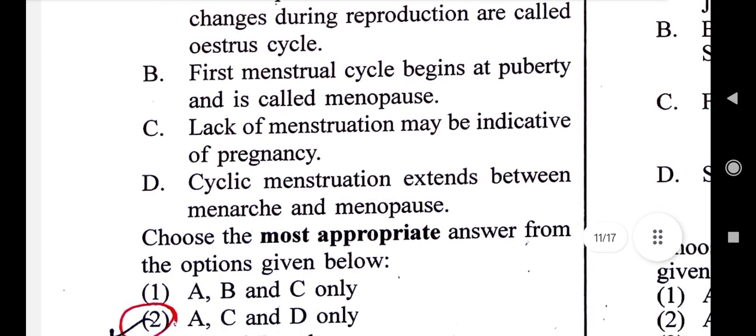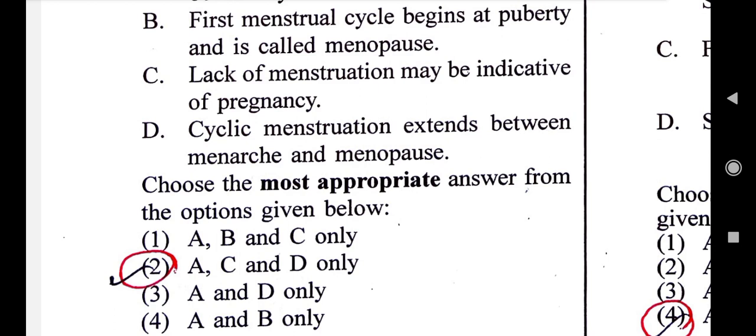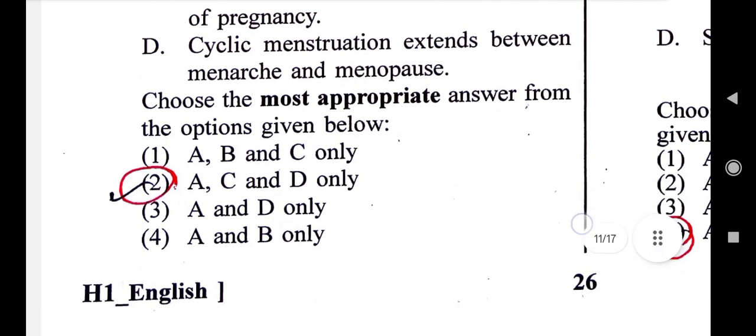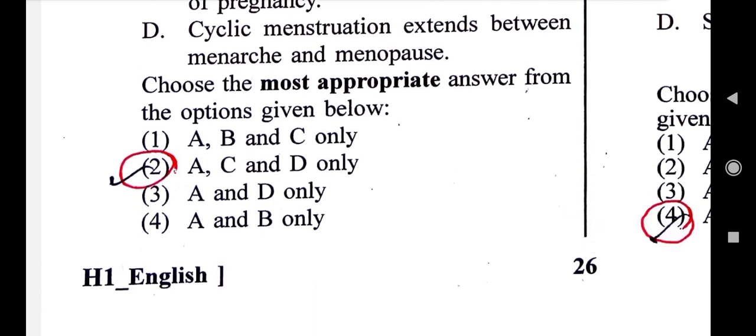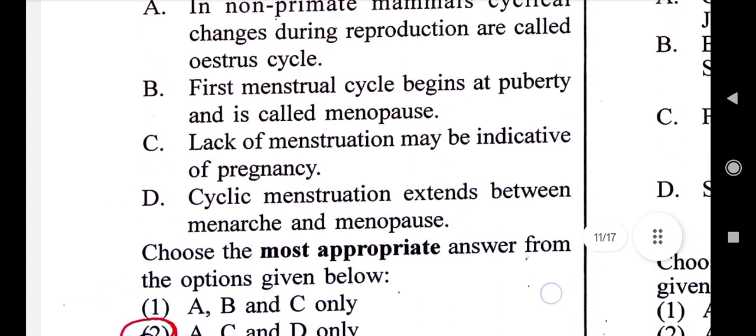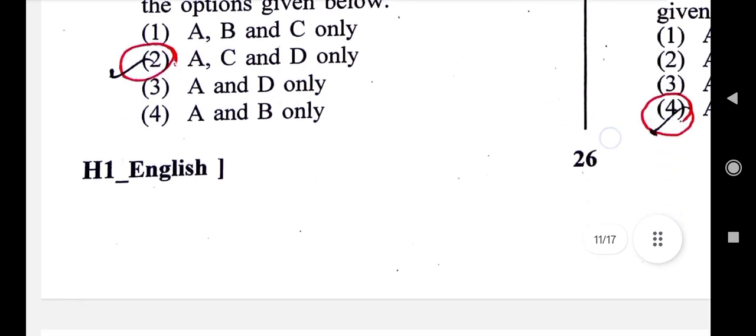Option C, lack of menstruation may be indicative of pregnancy. Option D, cyclic menstruation extends between menarche and menopause. Choose the most appropriate answer from the options given below. The most appropriate answer is option 2, A, C and D only. So option 2 is the correct option.